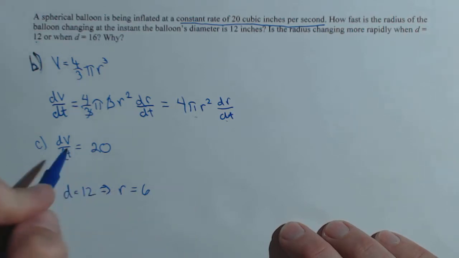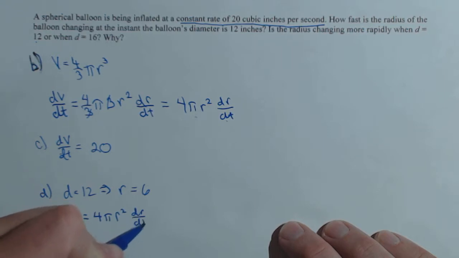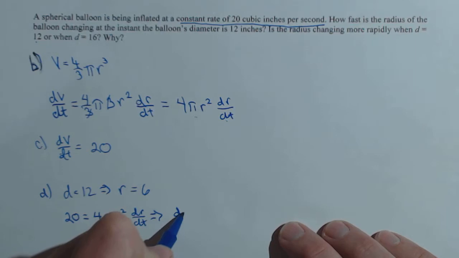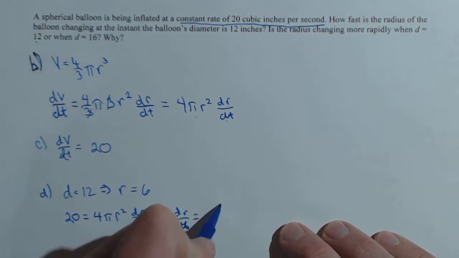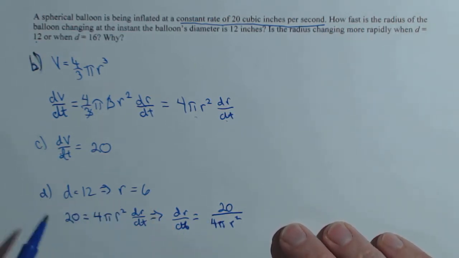Putting this into our formula, we know that 20 equals 4 pi r squared dr/dt, and we want to solve for dr/dt, so dr/dt equals 20 over 4 pi r squared.